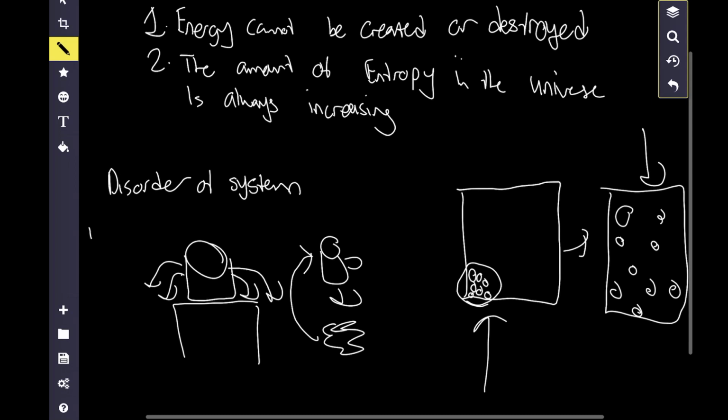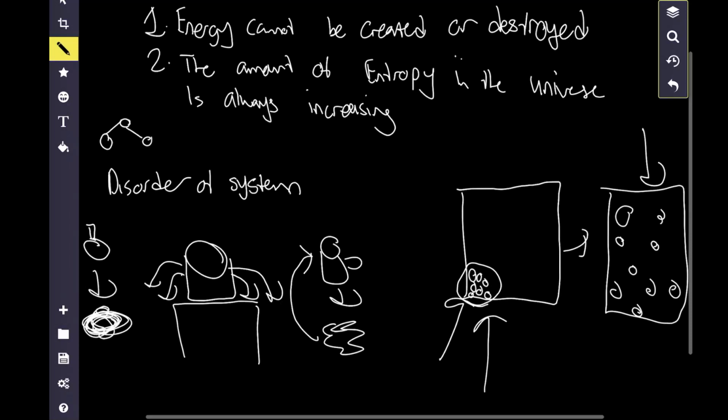If you leave a fruit out on a table for too long, it's just going to start molding. So everything in the universe is going to become messier, more disordered, and it's more likely in the universe for something to be disordered than for everything to be ordered, like in this gas particle example.